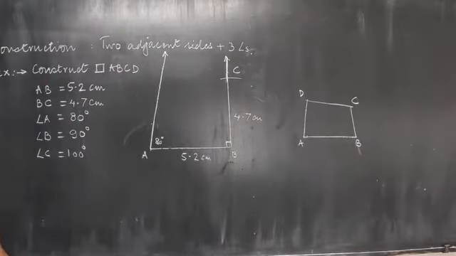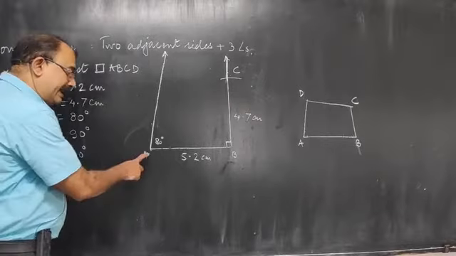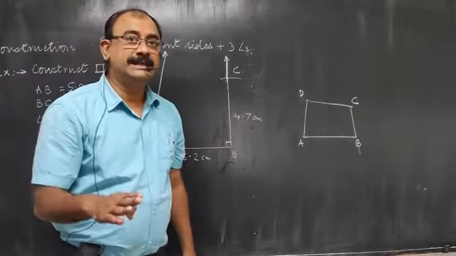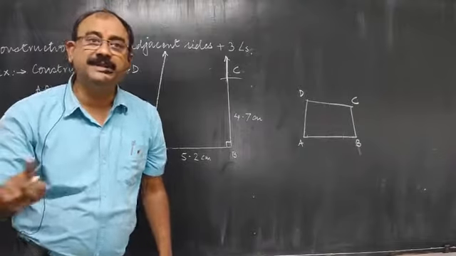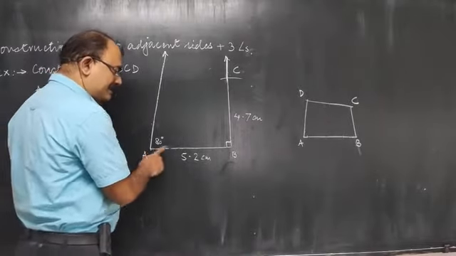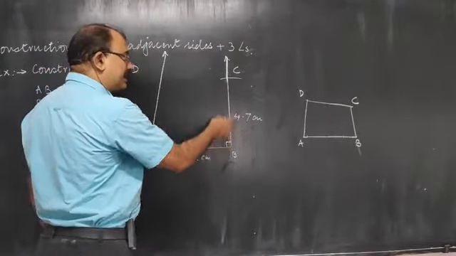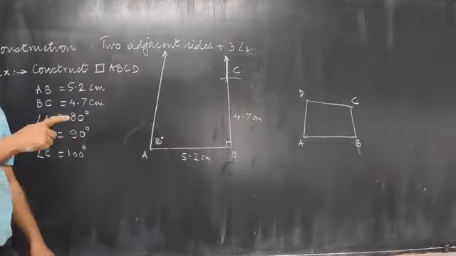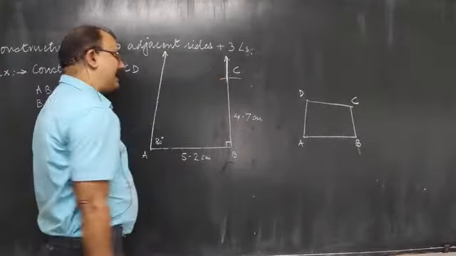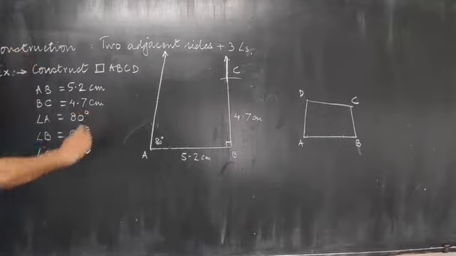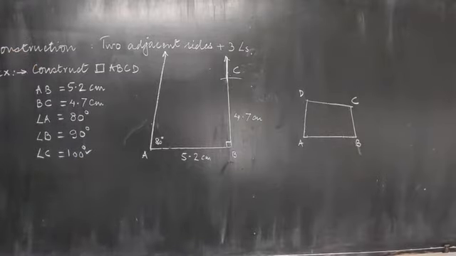How to get that? I told you, you need the angles at the end points of the given segments. So this is used. This is the end point of the segment. BC was given. Now we have to use the angle at C, and the angle at C is given to you as 100 degrees.